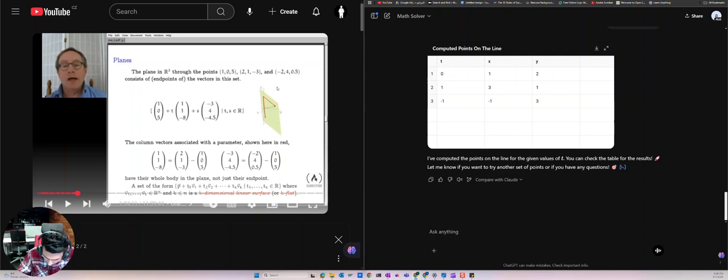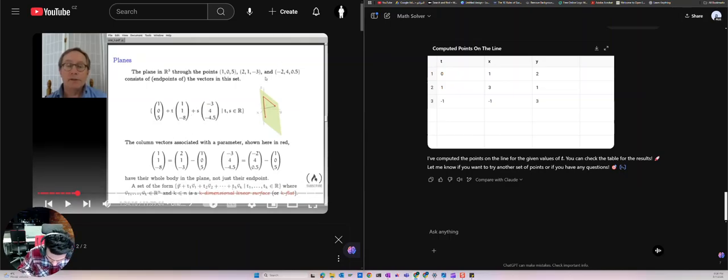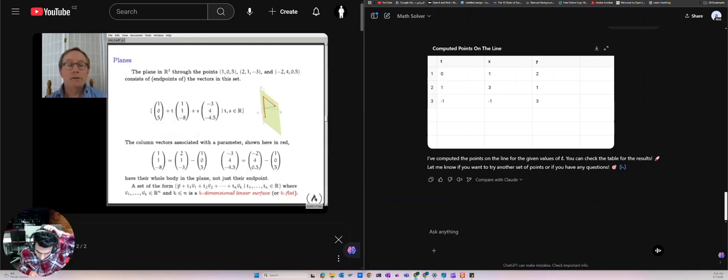A set of that form, a form that we at this point recognize as the solution set of a linear system, is called a k-dimensional linear surface.